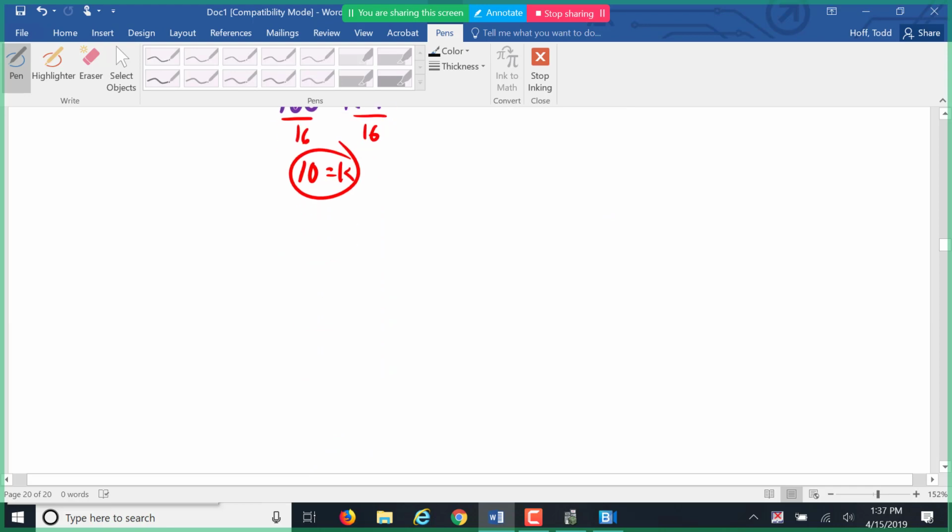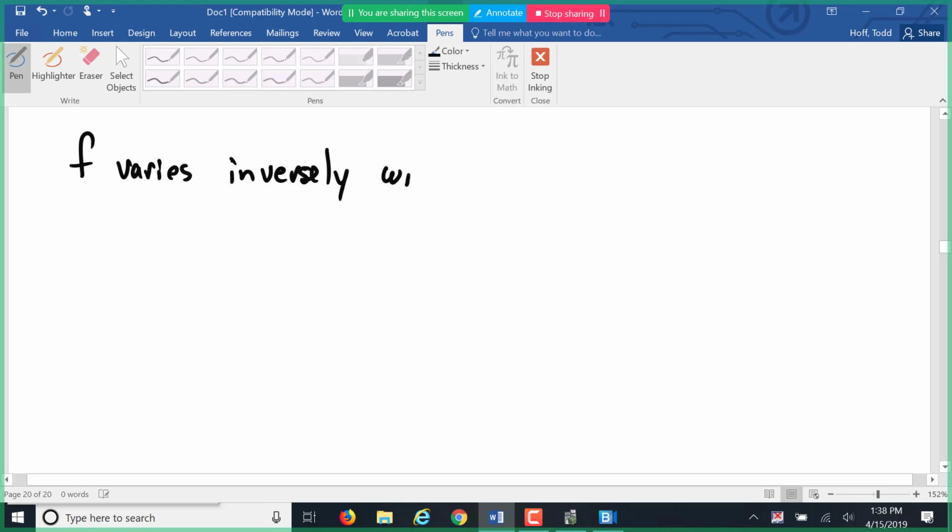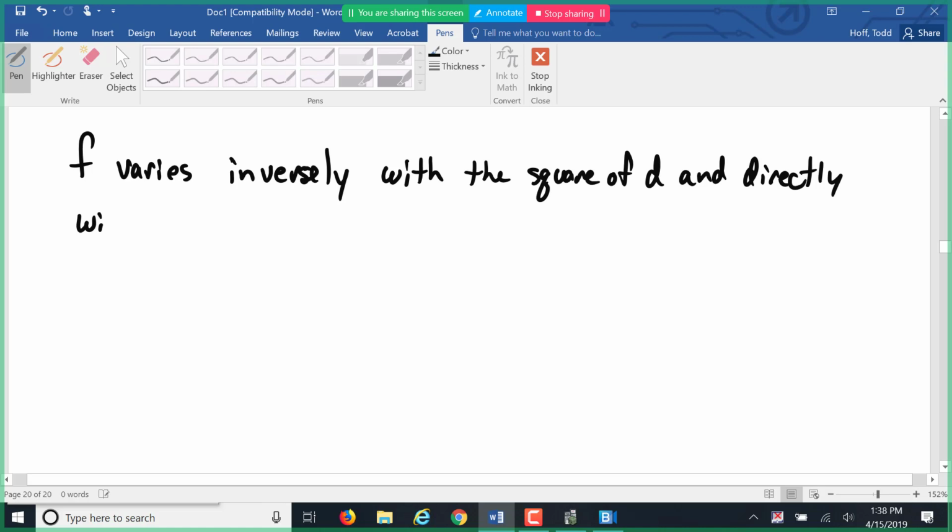So I'm going to have you guys try an example of this, and then we're going to call it a day. F varies inversely with the square of D and directly with n.